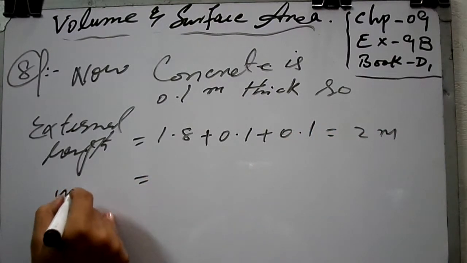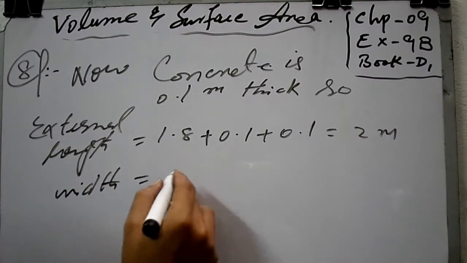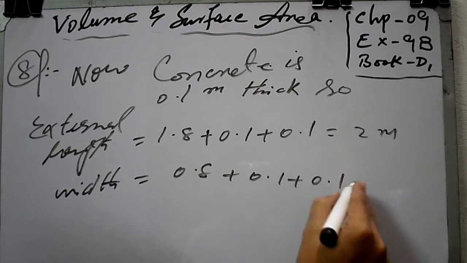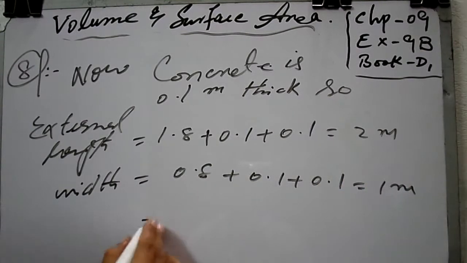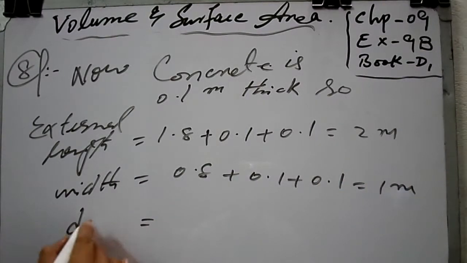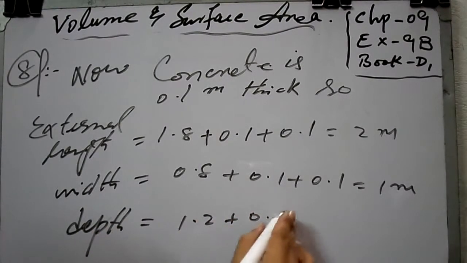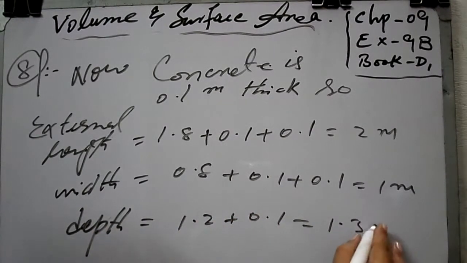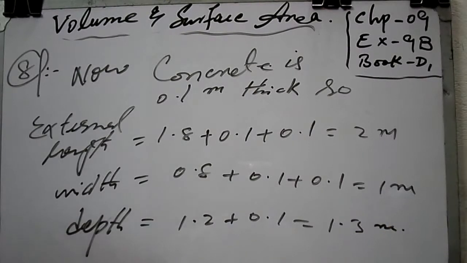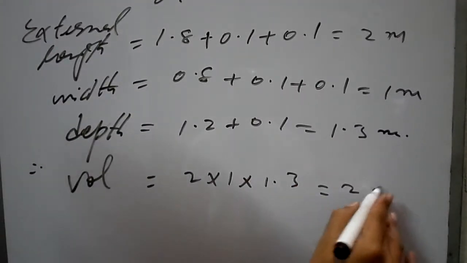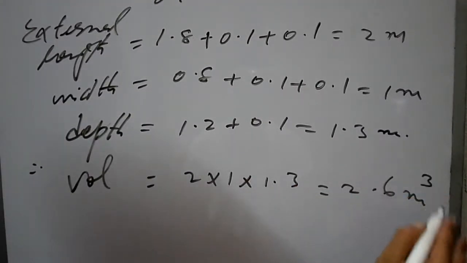Similarly, width is 0.8 plus 0.1 plus 0.1, twice because there are two sides, so 1 meter. Similarly, depth is 1.2 plus 0.1, equal to 1.3 meter. Therefore volume is equal to 2 into 1 into 1.3, so you will get 2.6 meter cube.